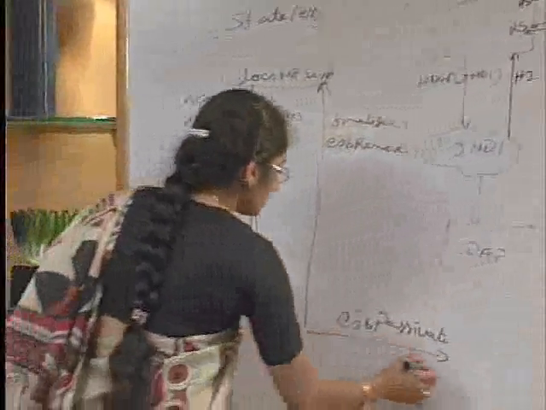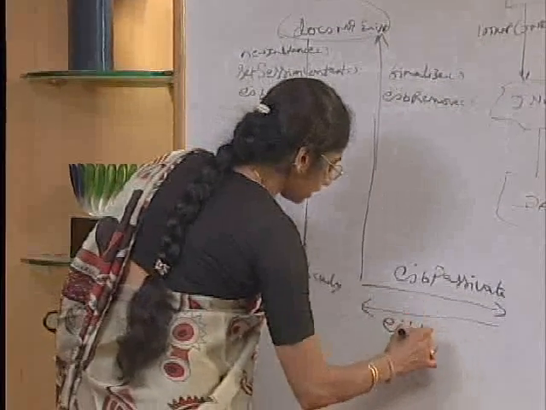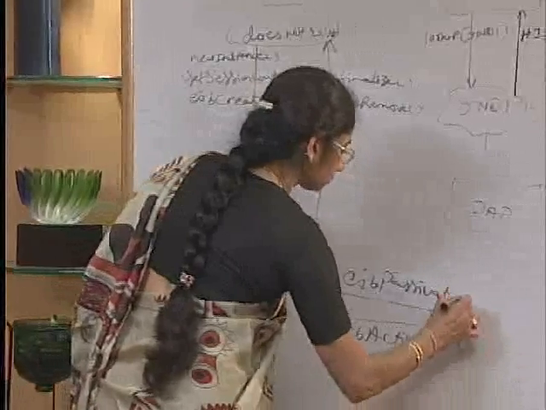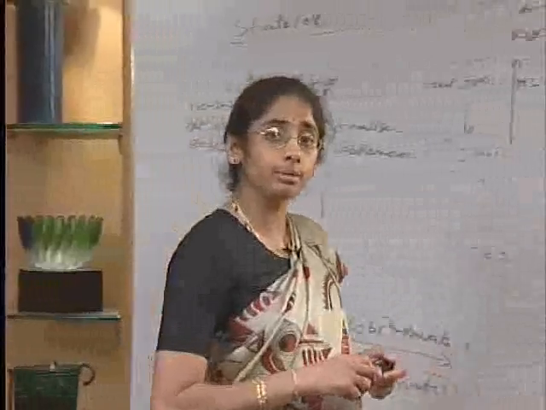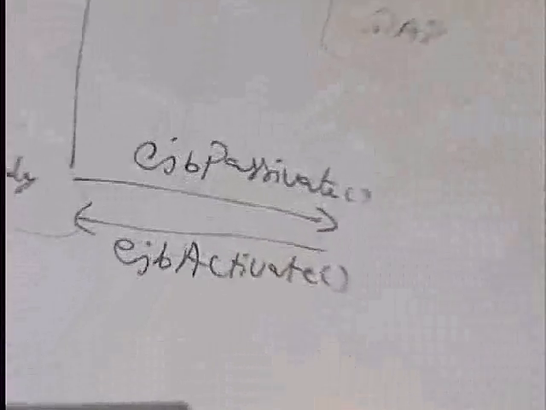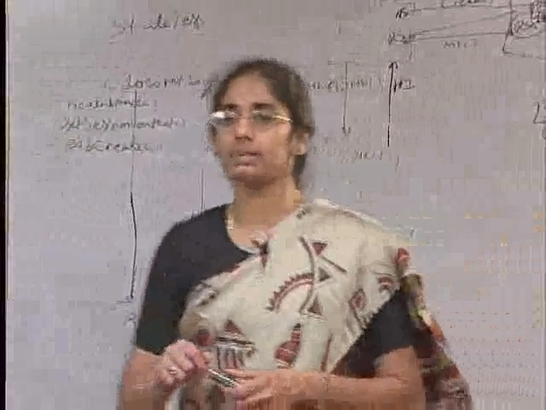That is called EJB activate. Reading back from memory into an instance is called EJB activate. Storing the state of an object into memory is called EJB passivate.